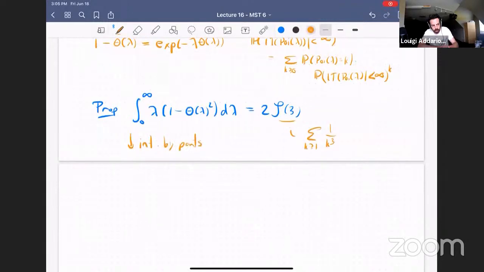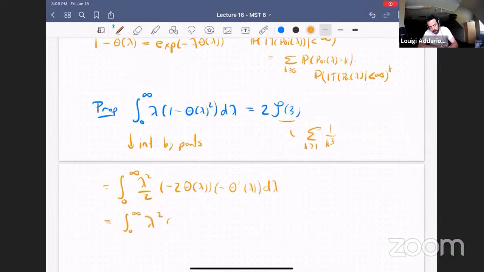And that gives you that this is the same as the integral 0 to infinity of lambda squared on 2 times minus 2 theta lambda minus theta prime lambda d lambda, which if we just cancel out the minuses and the factor 2's, gives us the integral of lambda squared theta lambda theta prime lambda.